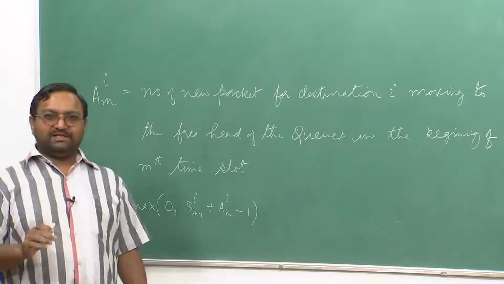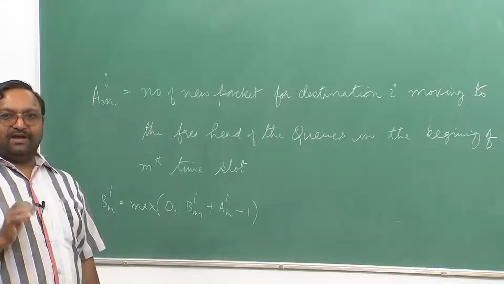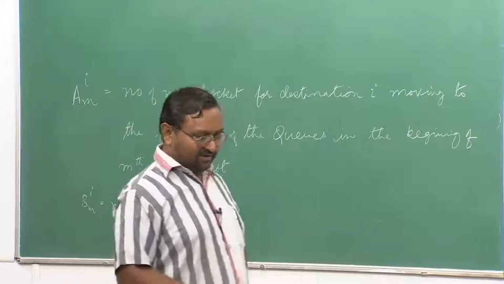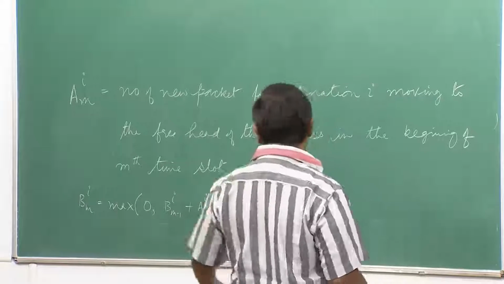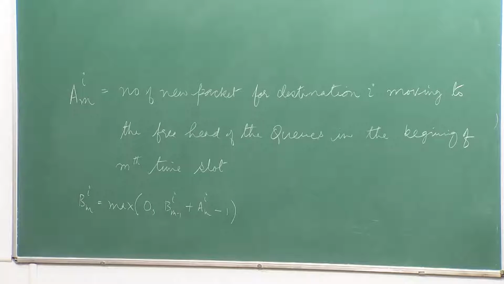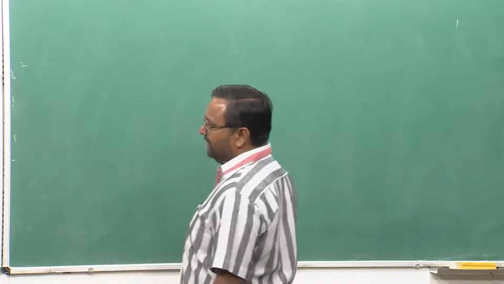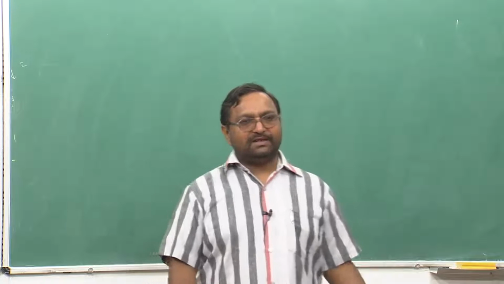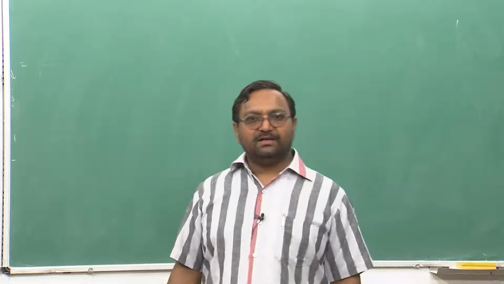Now this equation is very similar to what we had used in the output queues also. That is a kind of a batch arrival. Here also it is a batch arrival, but coming to the output of the head of the queue, there it was a batch arrival going to the output queue. So I can use the same method, same expression which I had used earlier.